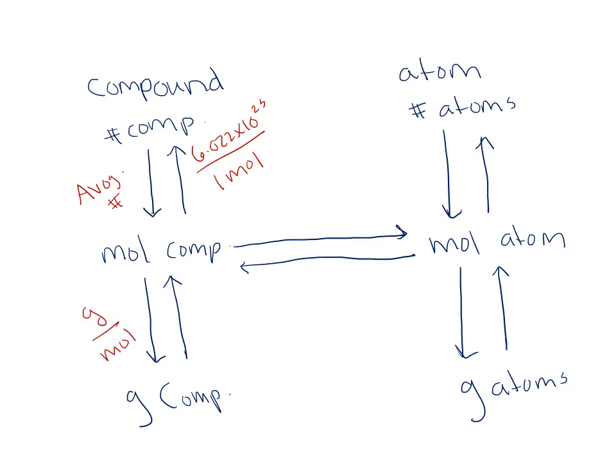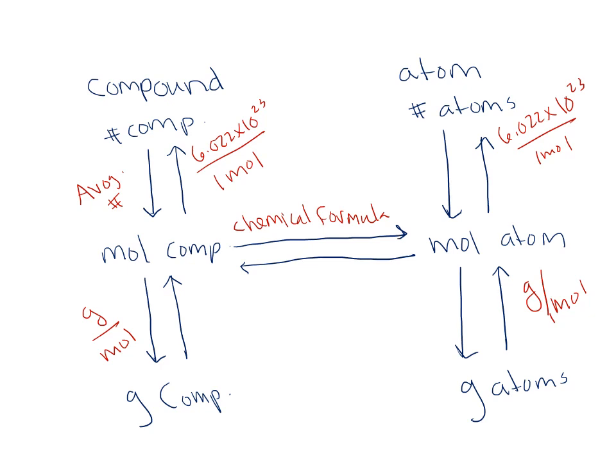To cross over the bridge, we use our chemical formula to see how many of that atom is in the formula. And then again here, to go from moles to atoms, we use the 6.022 times 10 to the 23rd, right, per 1 mole. And to go from moles to grams, we use the molar mass, which is the grams per 1 mole. Remember that this is all 1 mole.